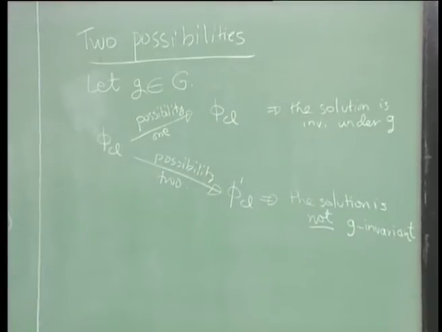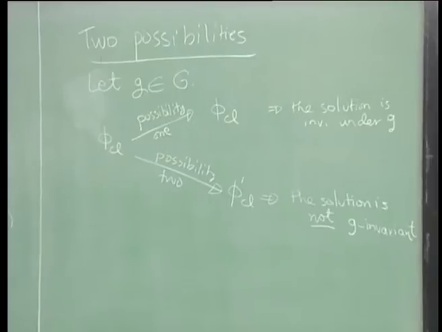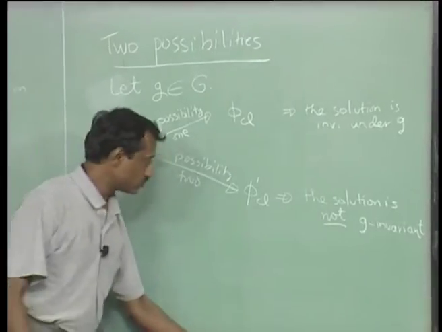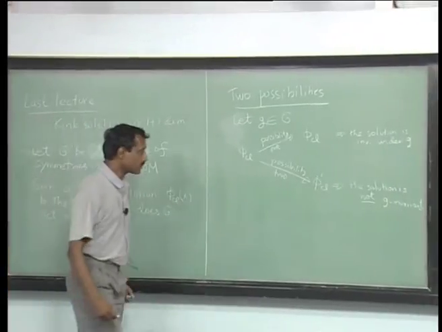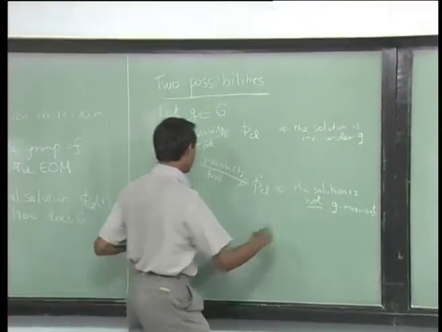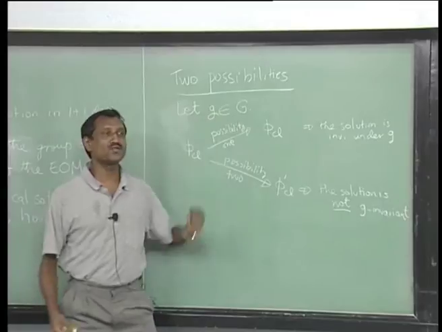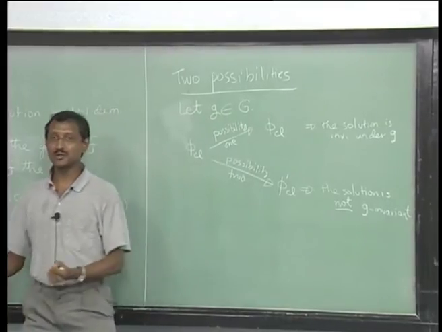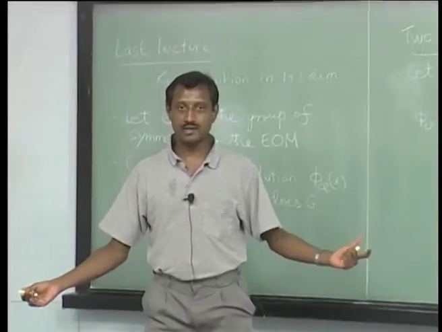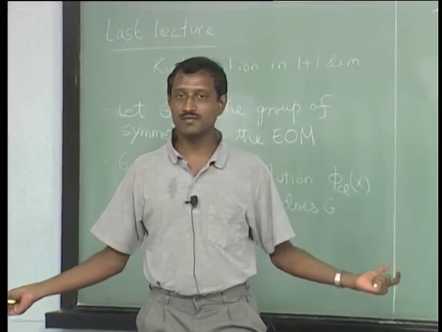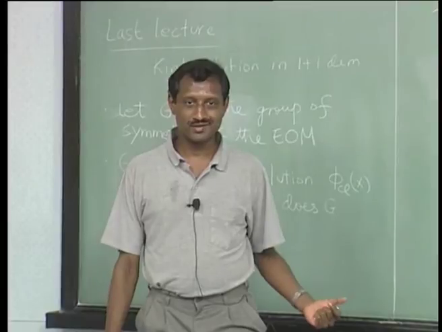Okay. So, there is a name which goes with this sort of thing. We say that G is indeed a symmetry of the theory. It is just that the solution is not. It is very much similar to the fact that we live in a world where there is no translation invariance. Okay.